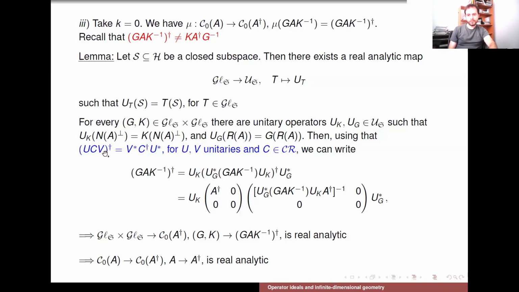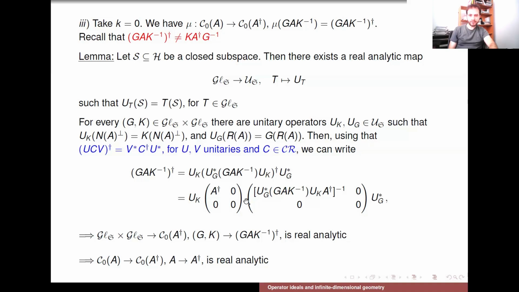So we have that this condition in blue holds for the Moore-Penrose inverse, and we use it here to rewrite the Moore-Penrose inverse of elements in our orbits as follows. We can write here and end with this line.